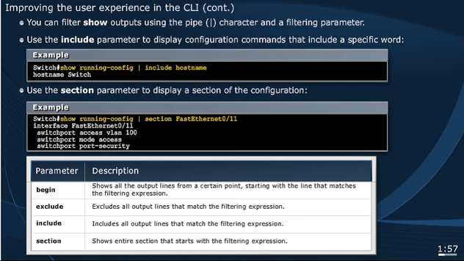So I just want to look at the host name. Show running config pipe include host name. What's it going to do? It's only going to include the area of the running config that has the actual word host name in it. That's what include will do for us.